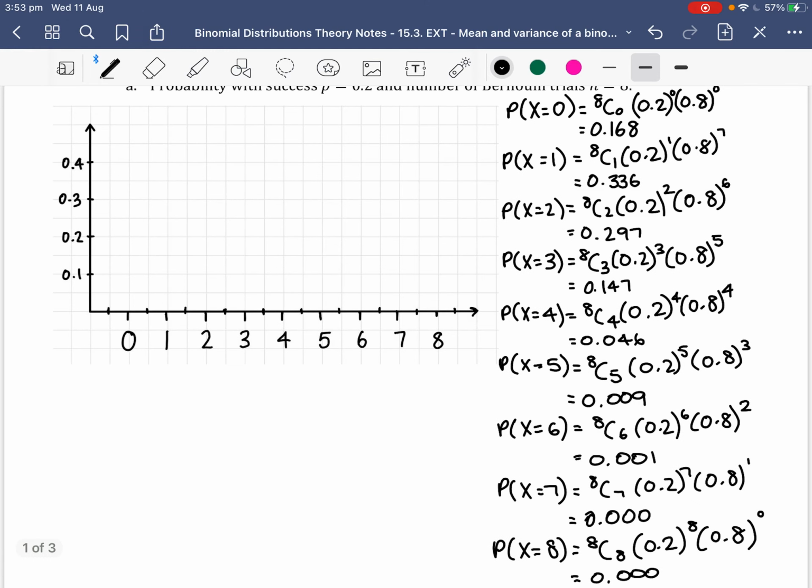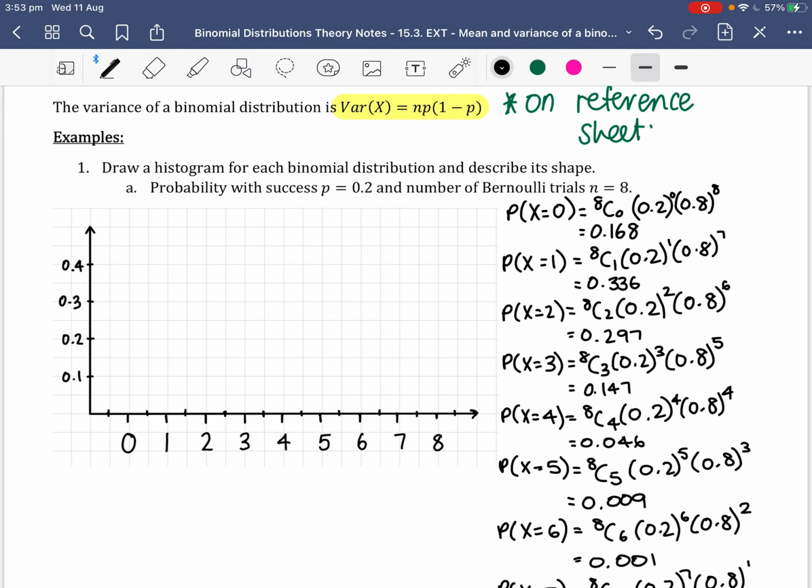So now we want to draw this as a histogram, as the question asked us to do. So we have our graph laid out. When we sub in 0, we get 0.168, so that's roughly here.